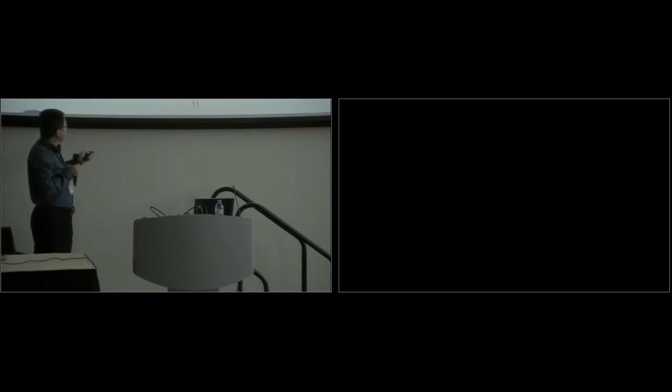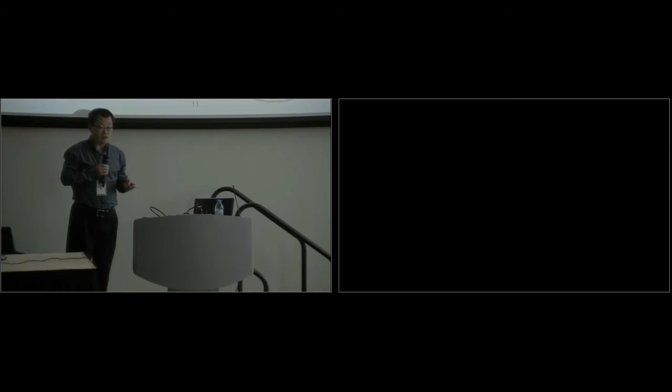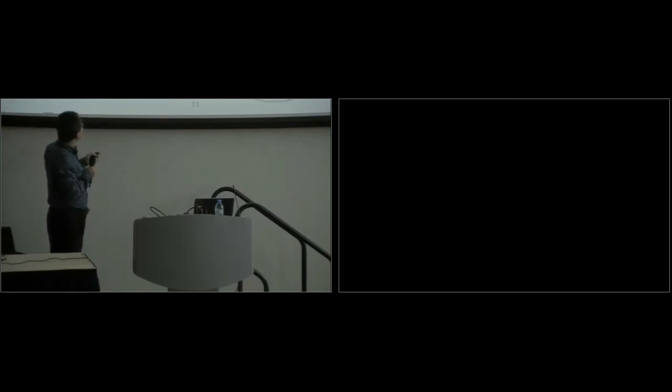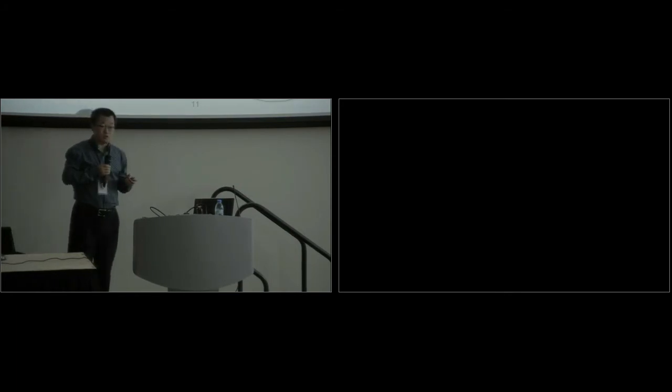Here we have 5 digraphs, and 2 of them are considered similar, so the similarity would be 2 over 5, and the distance would be 1 minus 2 over 5. This is the meaning of the A measure.